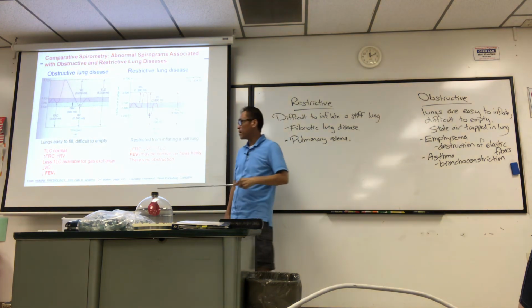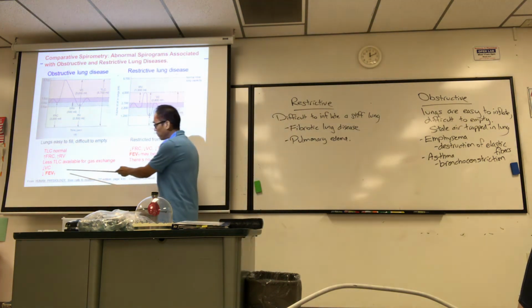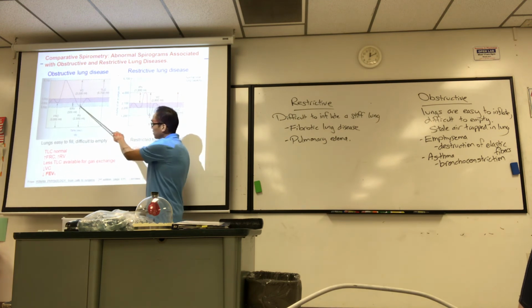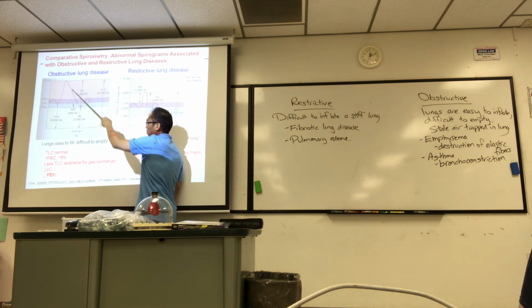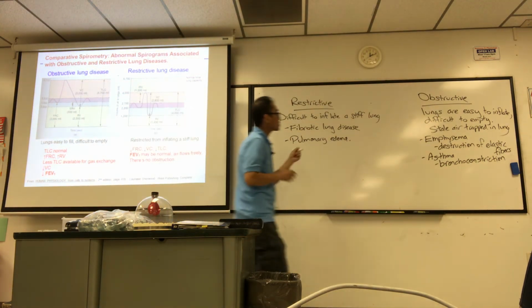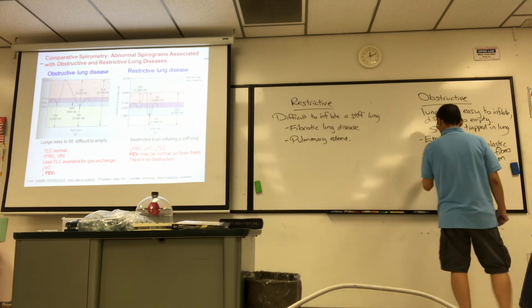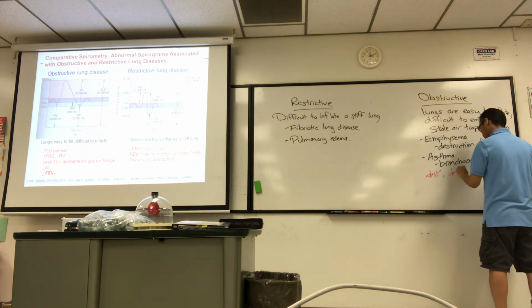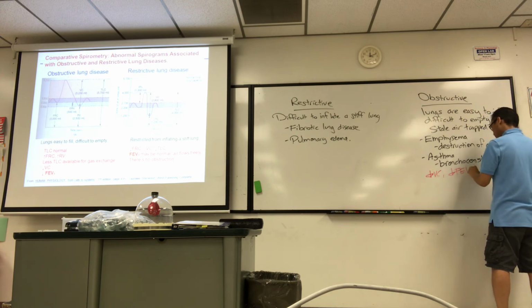So how you might see it is FEV1 may be reduced, or VC may be reduced, because it's difficult to empty the lung. So write that down: decreased VC, decreased FEV1.